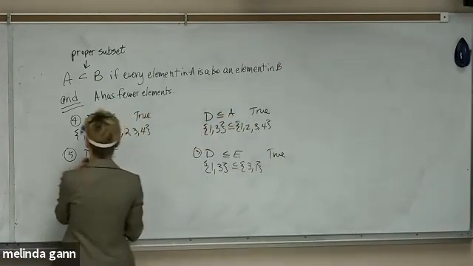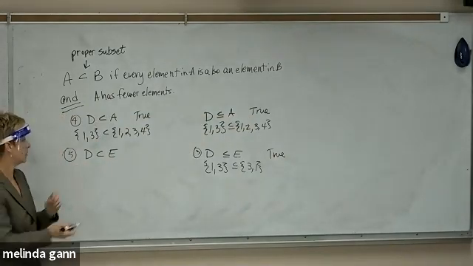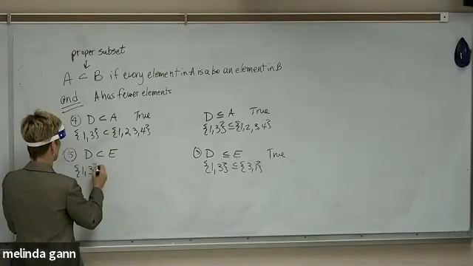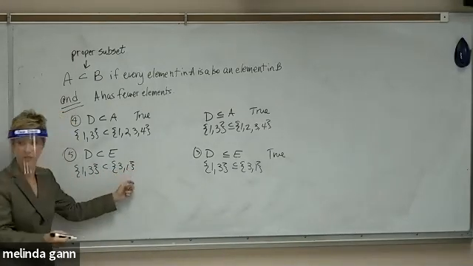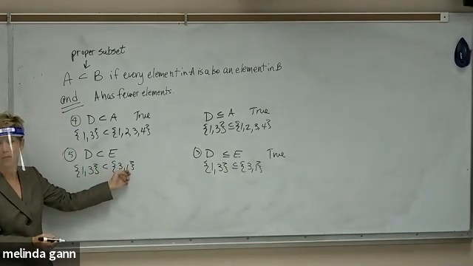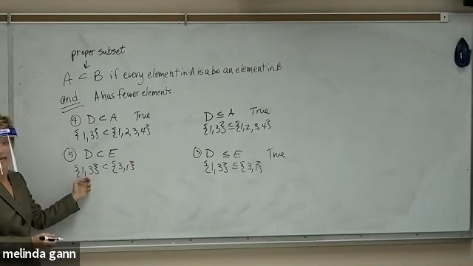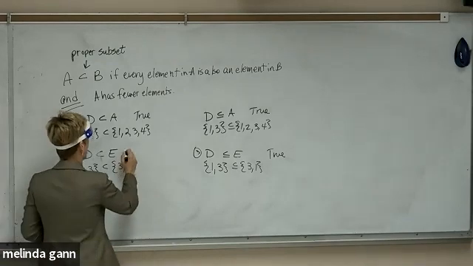Okay. Is D a proper subset of E? No. The first part checks. Everything in the left set's in the right set. But what's the problem? This doesn't have fewer things in it than that does. So that one's false.